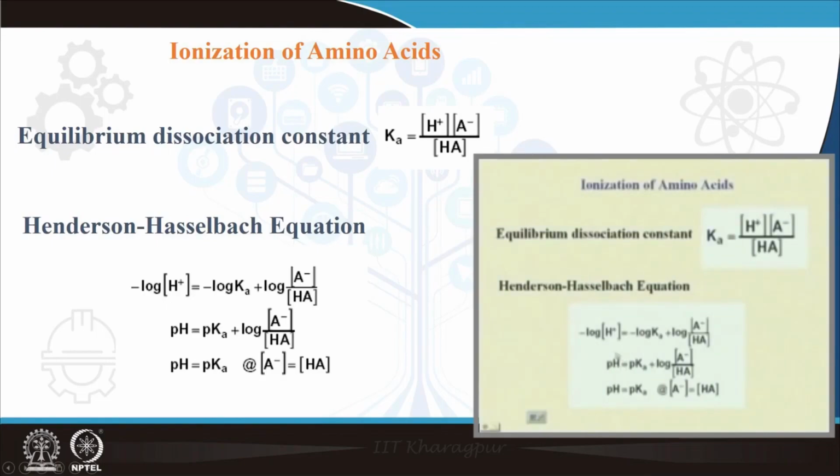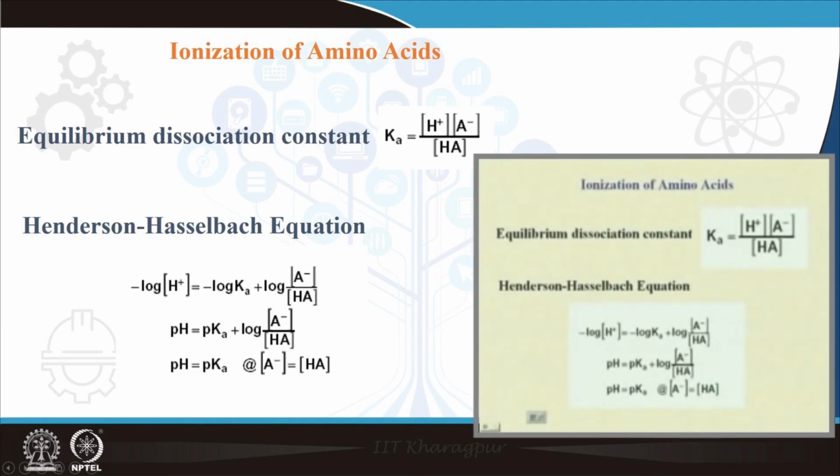Okay? So what do I have here? I have the pH of the solution equal to the pKa, right? What is the pKa? It corresponds to this equilibrium, plus log A minus by HA. So what is this? This is the base form, this is the acid form, or rather the salt form or the acid form. Okay, that's the way we write what is called the Henderson-Hasselbalch equation.